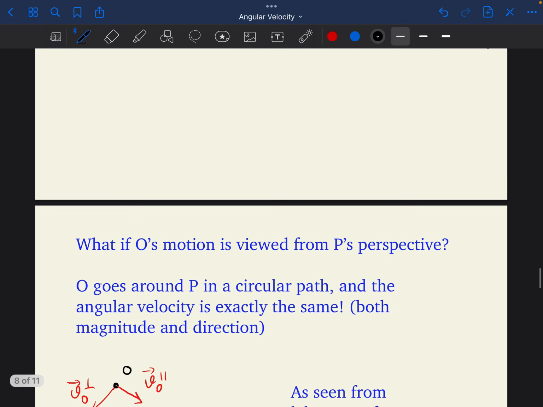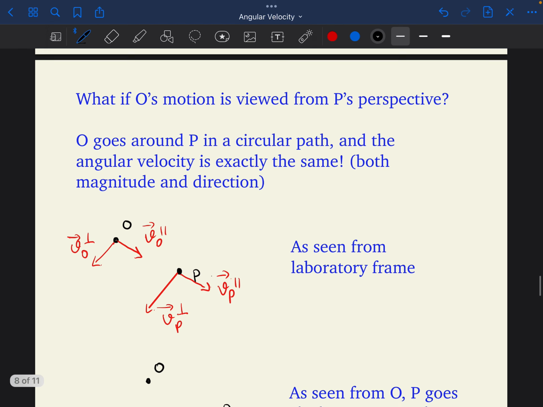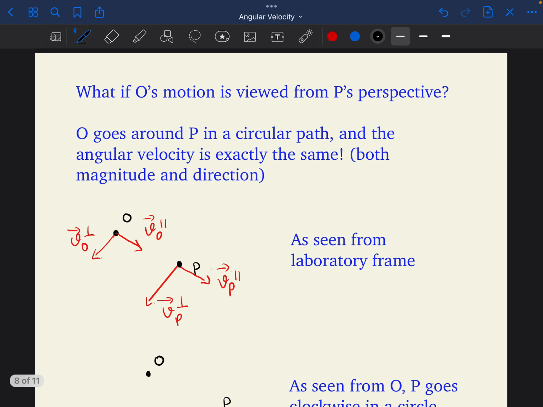Now finally, what if we invert the perspective? What if we go into P's perspective? It is exactly the same, because you will discover very simply that if O goes around P in a circular path, then P also goes around O in a circular path. The whole situation is invertible.